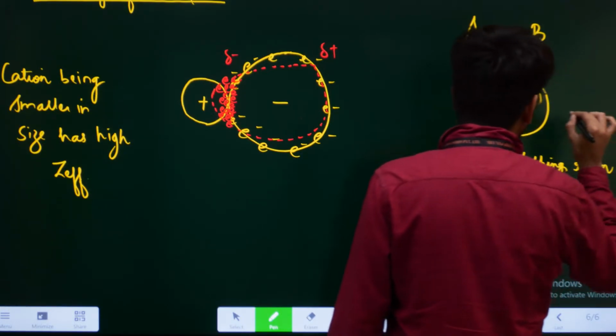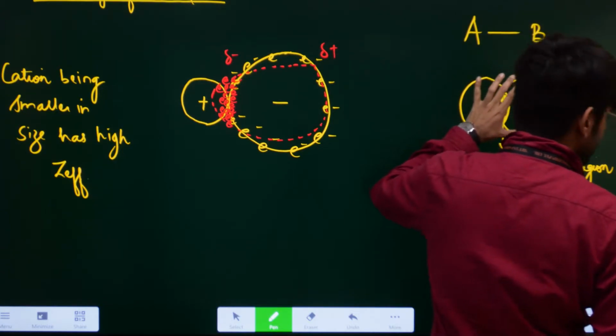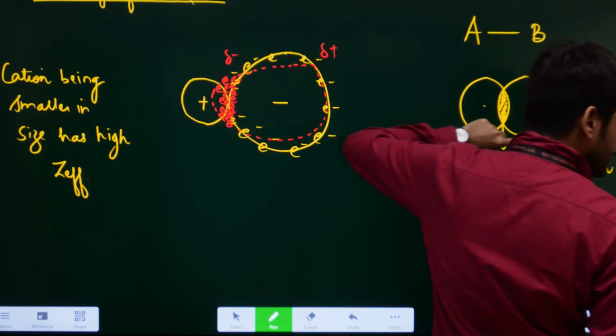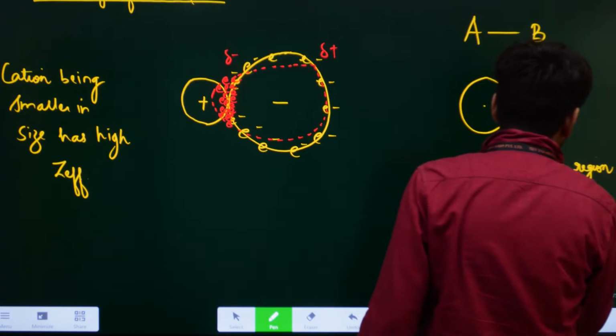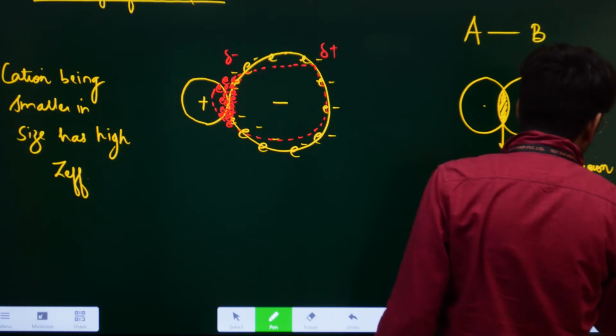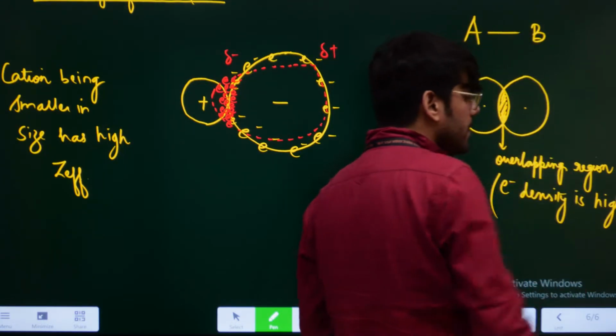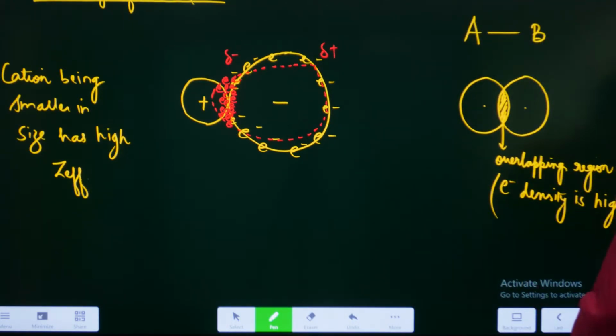In this overlapping region the electron density is high. Tell me yes or no?